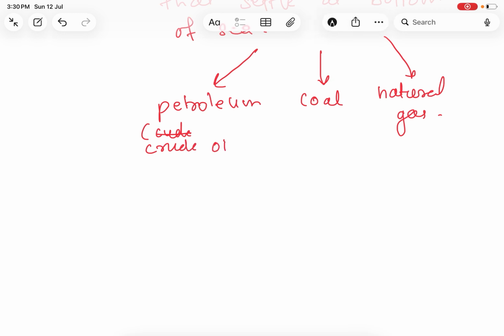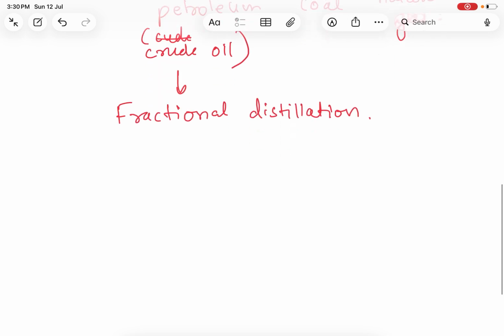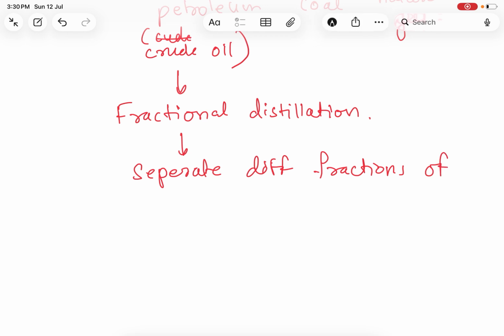It undergoes fractional distillation, which helps to separate different fractions of hydrocarbons.